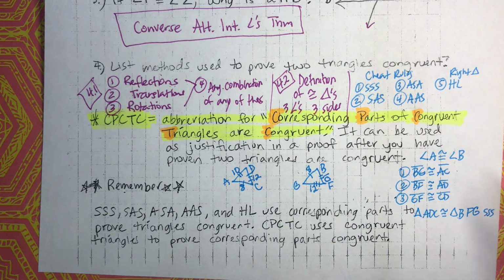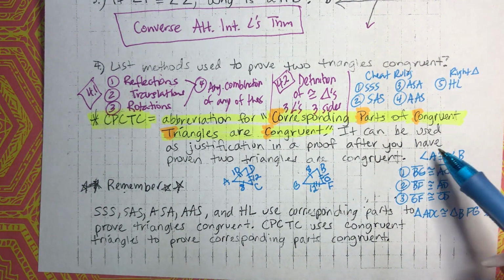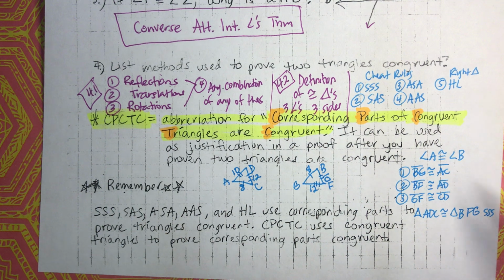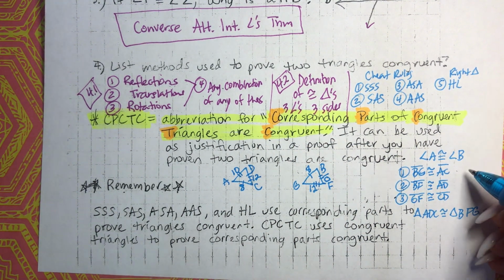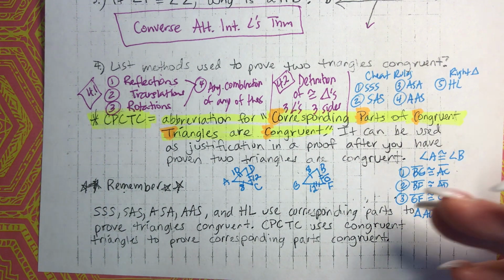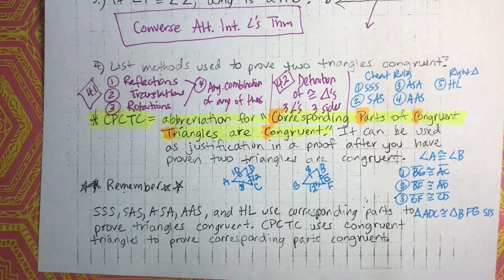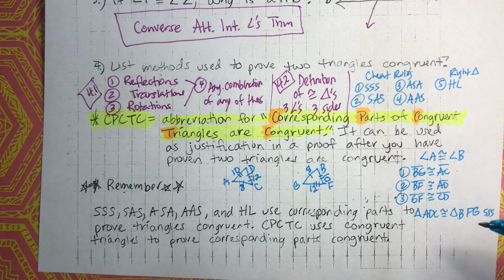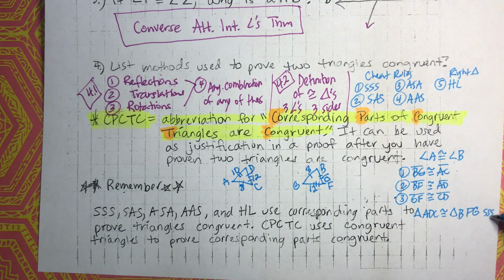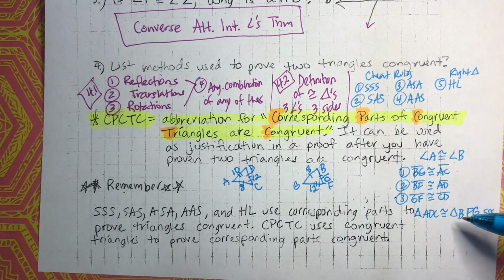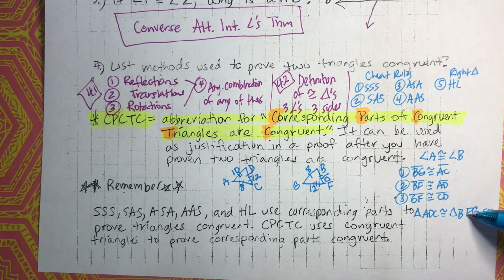Perfect, but the proof is asking me to prove that these 2 angles are congruent. Now, once I prove that these 2 triangles are congruent, and this is because it's a side, a side, a side, there's nothing about angles here. However, because I have used side, side, side, and I've proven that these 2 triangles are congruent, what that does is it kind of opens the door, right?